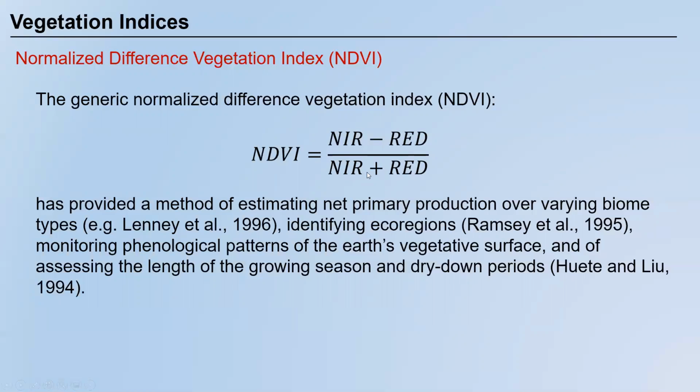It is used to standardize this process of quantifying the abundance of vegetation. Again for NDVI, the larger the value, the higher the abundance of vegetation, and NDVI varies from -1 to +1.